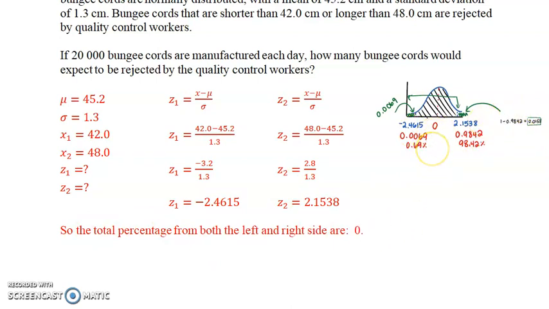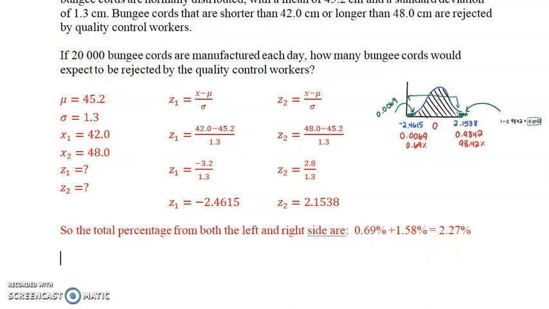So the total percent from the left and right hand side, we're going to add them up. We take 0.69%, because you have to multiply by 100 to make the percentage. This is the decimal. And then the 0.0158, so that's plus 1.58%, which is equal to 2.27%. That's the percentage of the bungee cords that are going to have to be rejected.